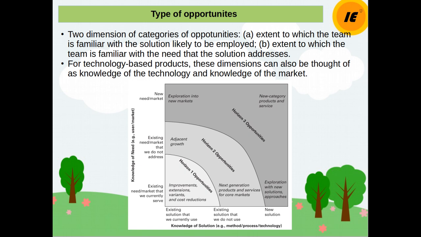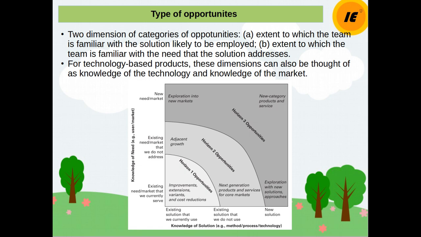Specifically, it means the extent to which the team is familiar with the solution likely to be employed, or the extent to which the team is familiar with the need that the solution addresses. So one is about the knowledge about the technology, another is about the knowledge about the market. Depending on which knowledge is a priori more dominant, one can have a sense about what trajectories to take.